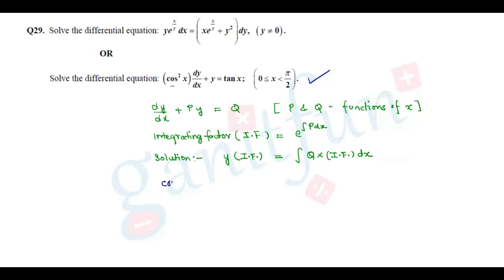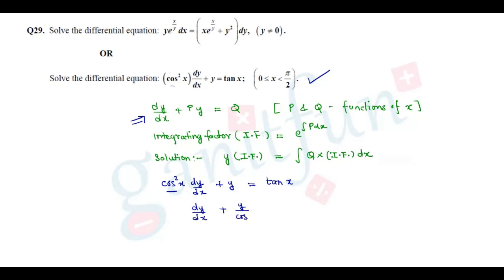In our case, the question is cos square x dy by dx plus y is equal to tan x. We will have to first convert into the form of the linear differential equation. So for that, we will divide the whole equation by cos square x.